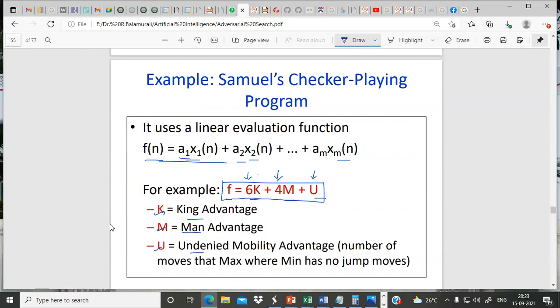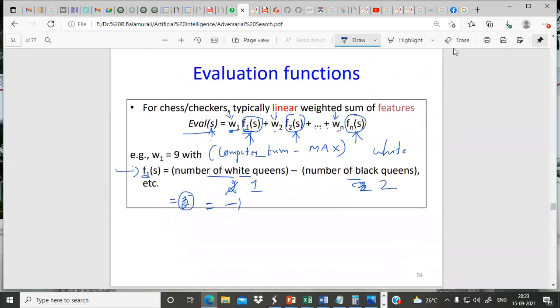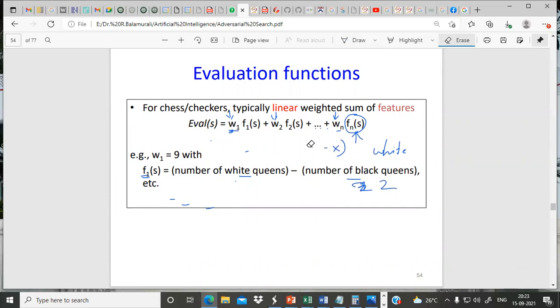But we don't know how appropriate these weights are. Initially we should apply some weights. That is how all machine learning algorithms work. The entire concept of a machine learning algorithm is to identify these weights.